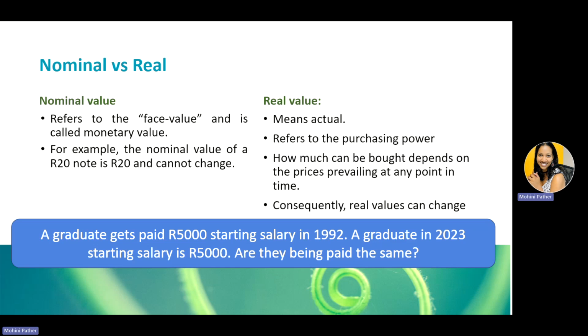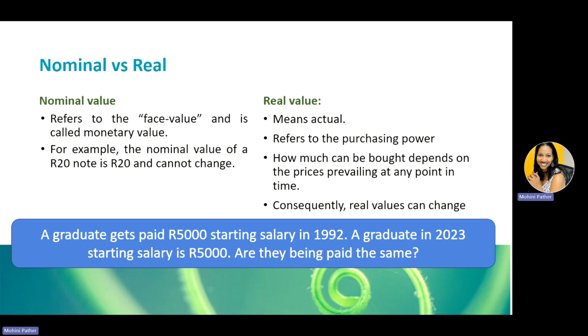So your nominal value will always be the face value, but your real value is your actual purchasing power. It's very consequential. So a graduate could get paid in 1992 a starting salary of 5,000 Rand. If a graduate this year gets offered a salary of 5,000 Rand, are they being paid the same?